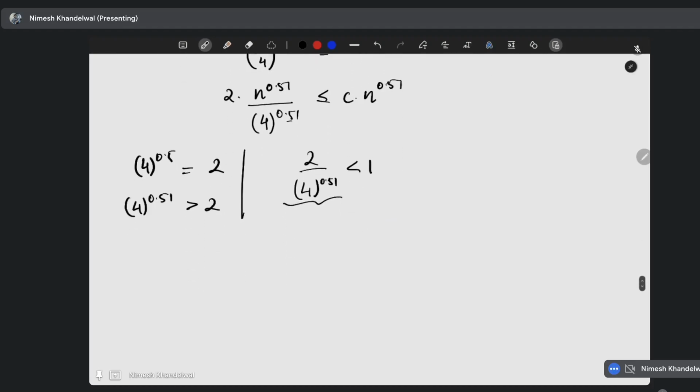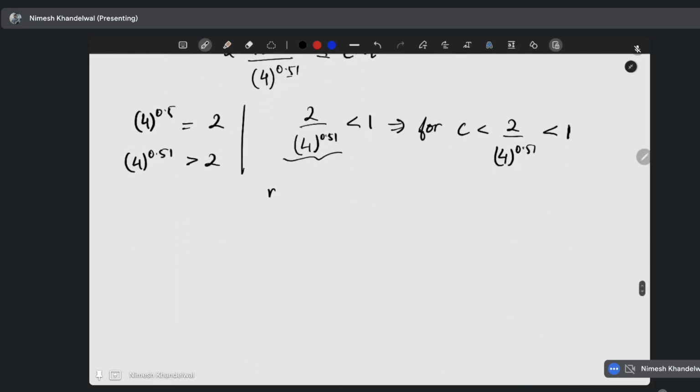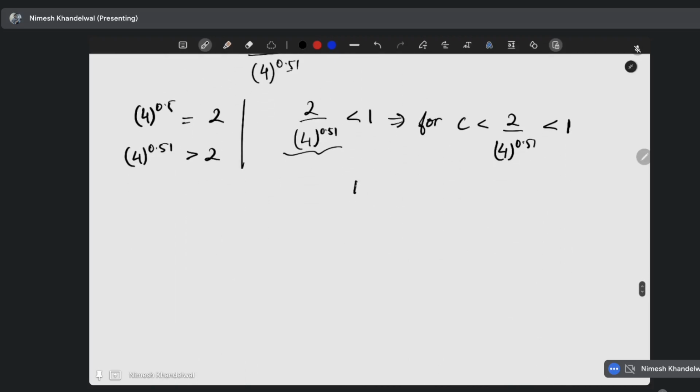So this implies that for c greater than or equal to 2 over 4 to the power of 0.51, which we have established is less than 1, the regularity condition is satisfied.